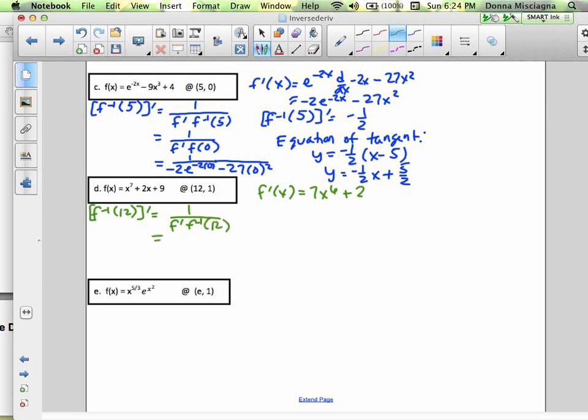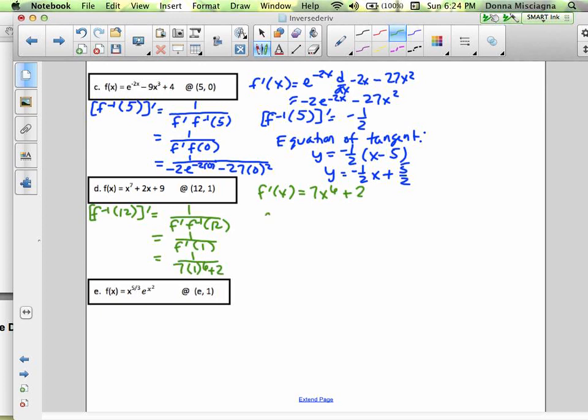So that's going to be 1 over, if we plug in 12 into the inverse, we're going to have 1 coming out. So f prime of 1, and that's going to give us 1 divided by 7 times 1 to the 6th power plus 2. Right? So that's just going to be equal to 1/9.